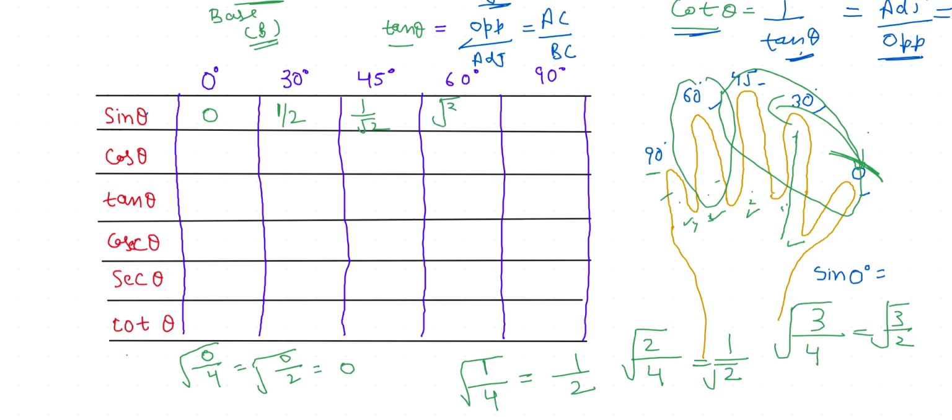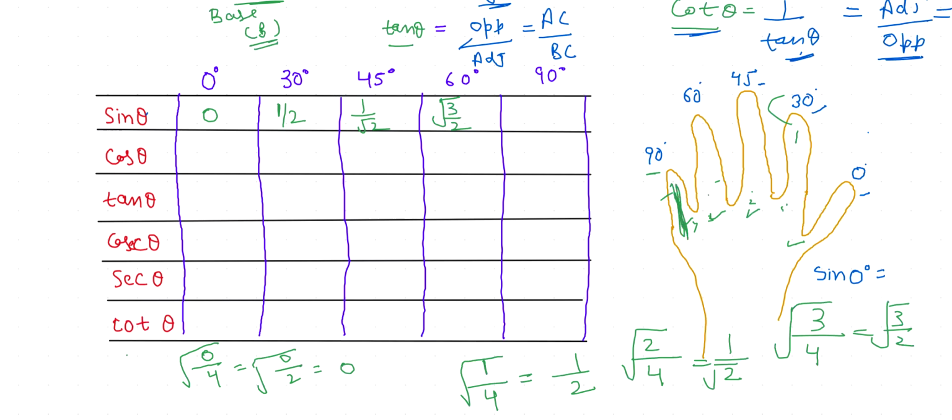For 90 degree, how many fingers are remaining? There are 4. This is your 90 degree. And how many fingers to the right hand side? There are 4.